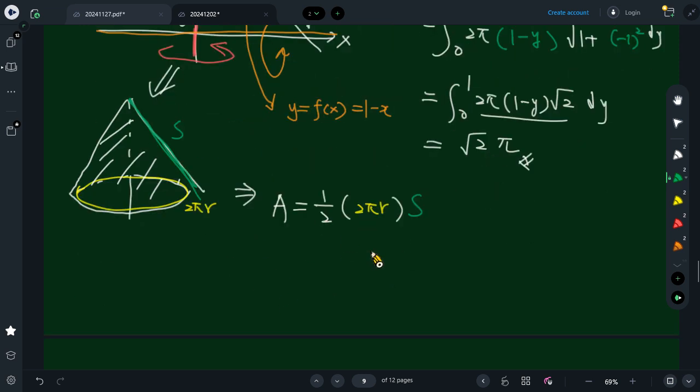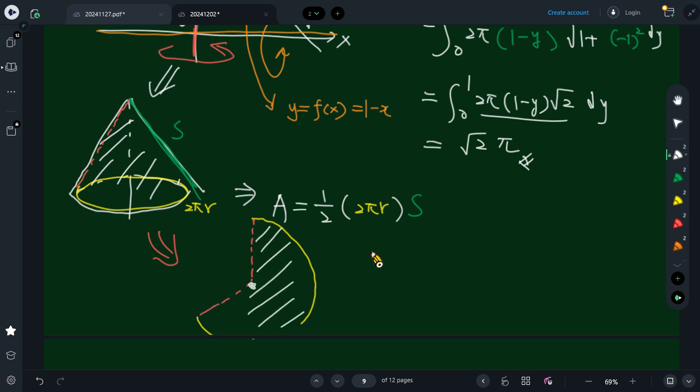How can we get this? Just think about it: you use scissors to cut it, then roll it out flat.